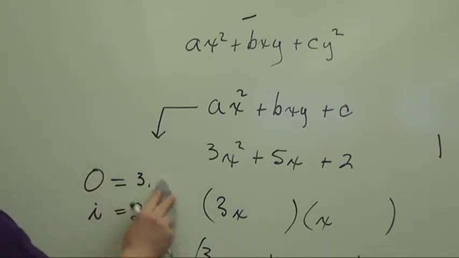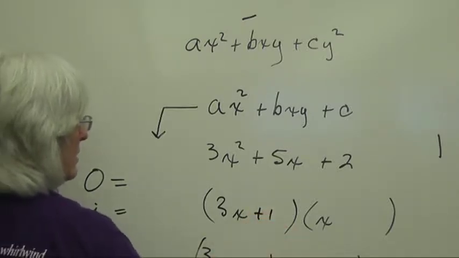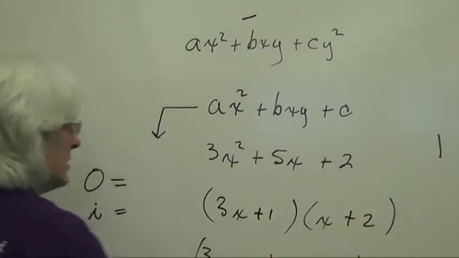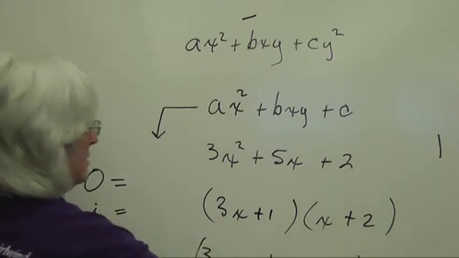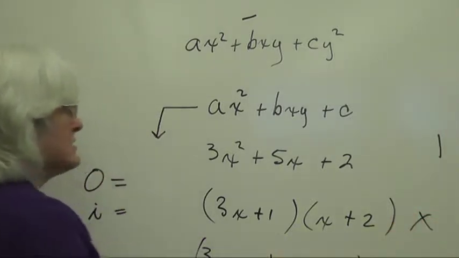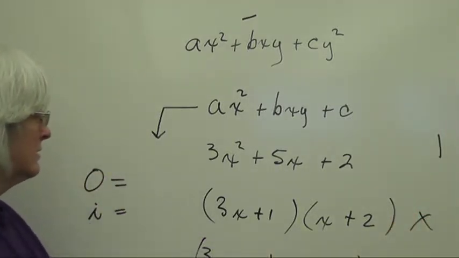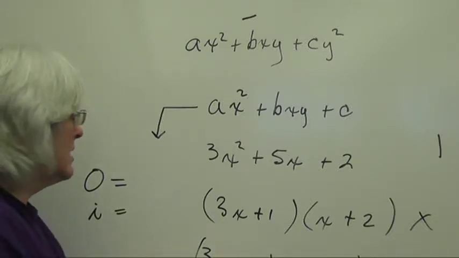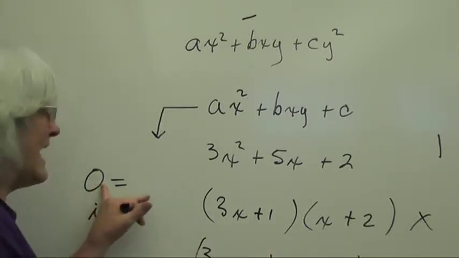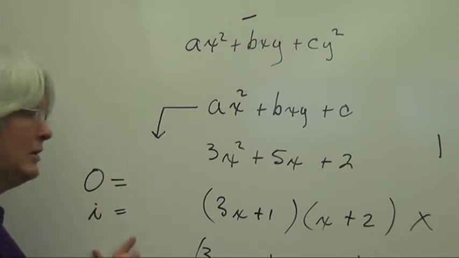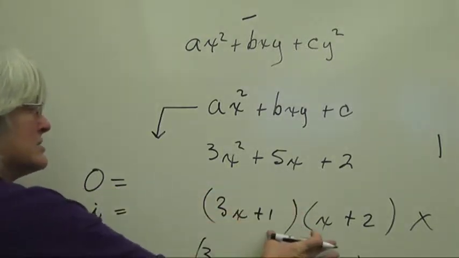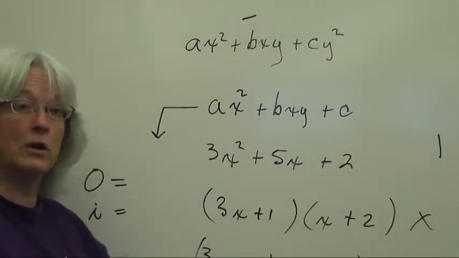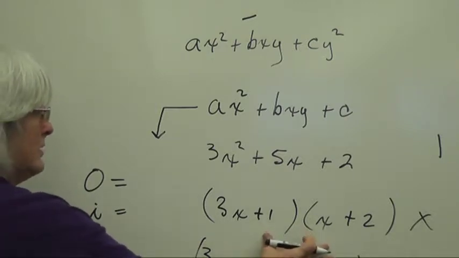We had another option in how we arranged these, however. We could have put 3x plus 1 and x plus 2 as a possible way of arranging these factors. This is correct. This one isn't. Well, why is it not correct? Well, I just demonstrated to you that when we summed the outer partial product and the inner partial product, we came up with our middle term, which is 5x. Let's see what happens if we sum the outer partial product and the inner partial product of these two binomials.